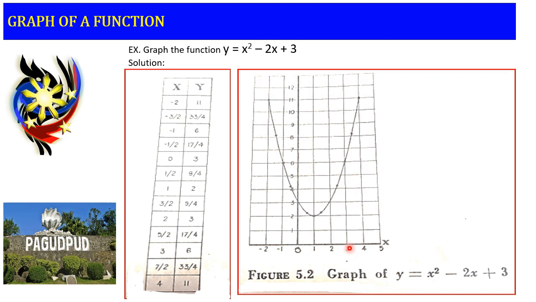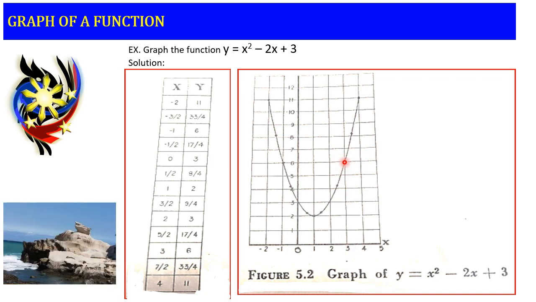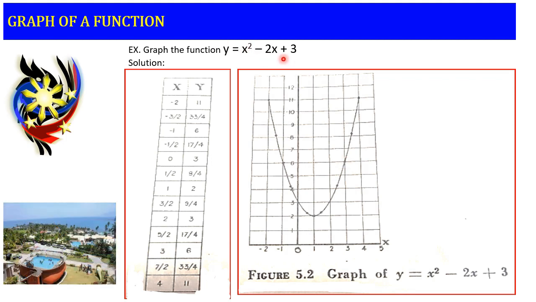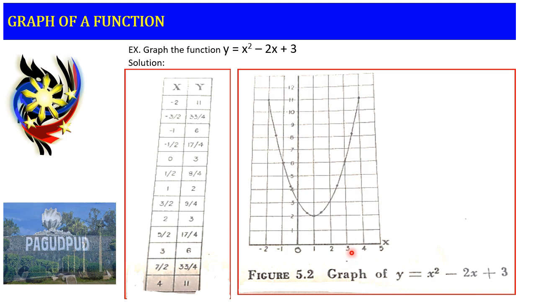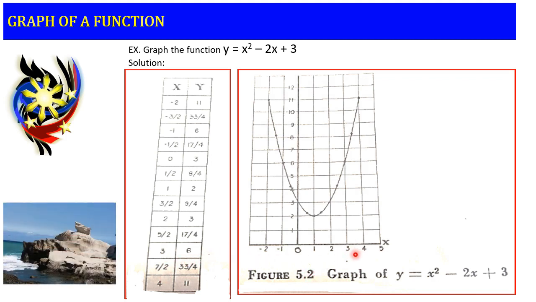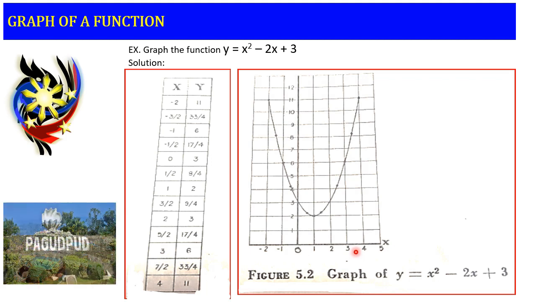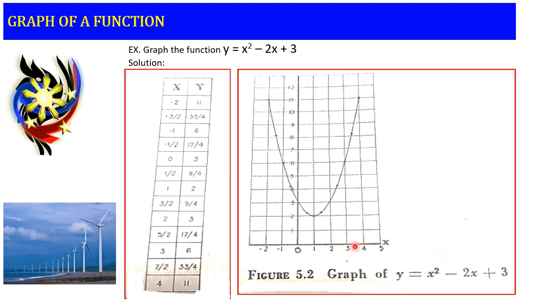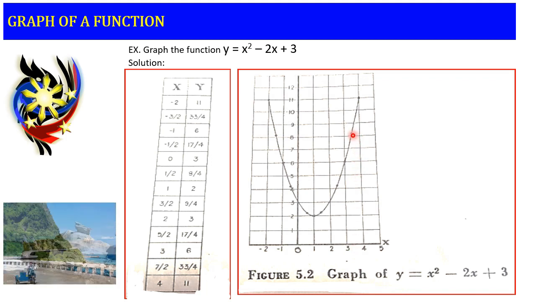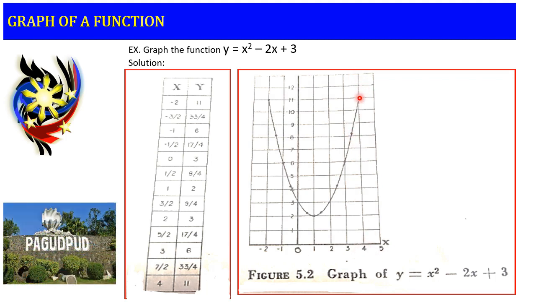Kapag ka daw po 3, 6 po. 6 daw po yung sabi ng aklat, ano? Paki-double check nyo po yung nagiging values, ano? Okay, tapos 7 over 2. Ang 7 over 2 po ay 3.5. Ito, 3.5. 33 over 4 daw po ang lalabasan. Tapos kapag ka 4, 11.